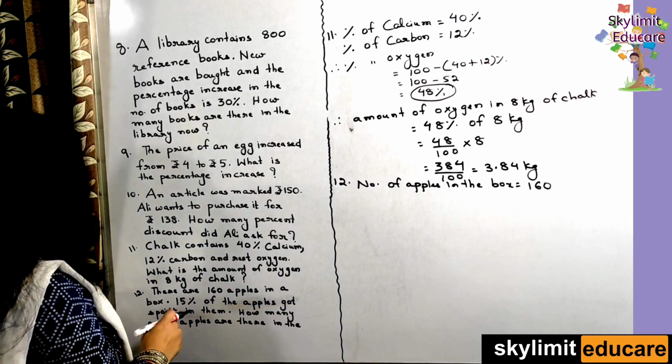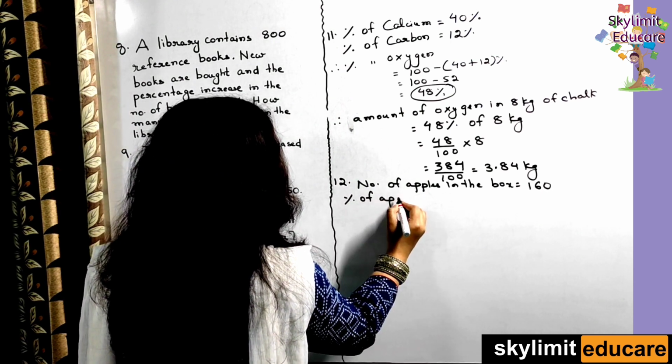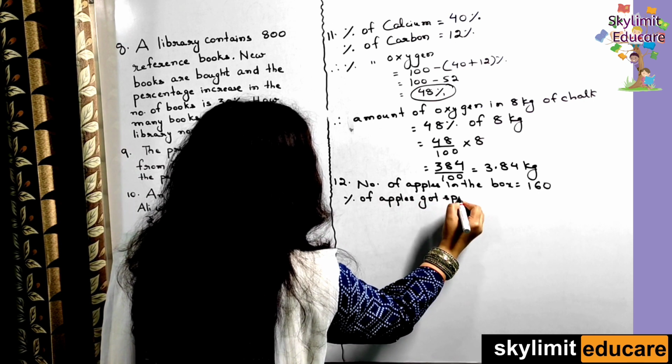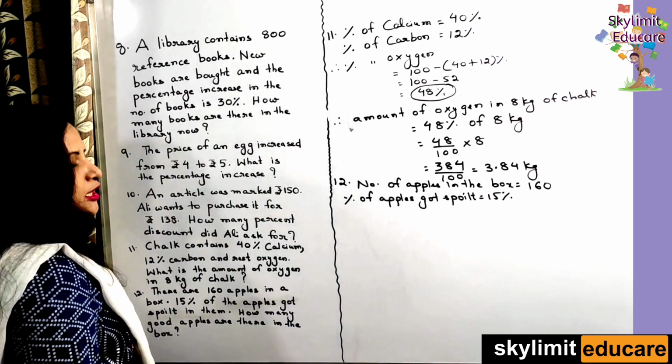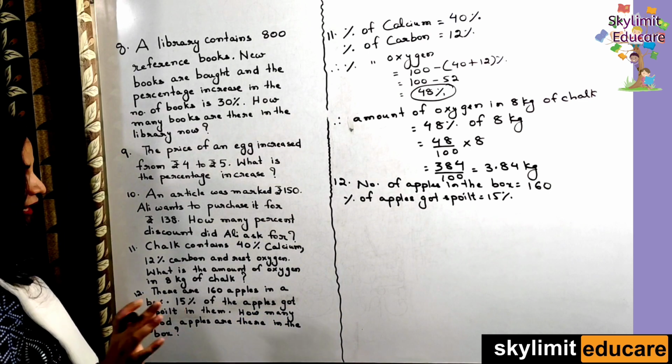So what percent of apples got spoiled? Percentage of apples spoiled is how much? 15%, right? So that means you have to find out, students, the number of good apples.